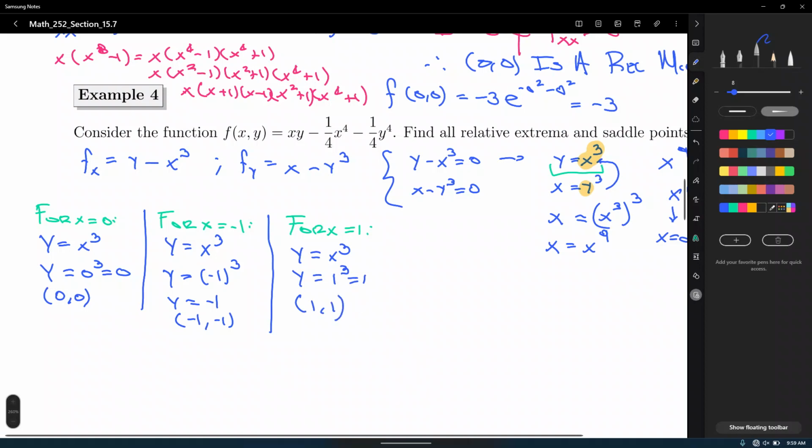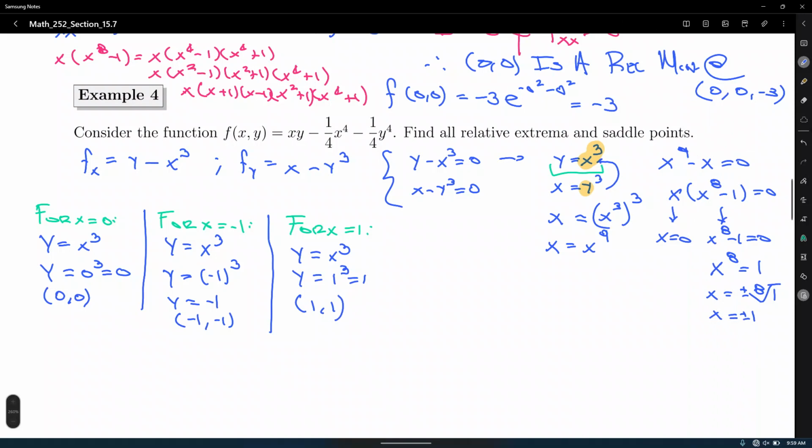In this case, we are going to create the D expression and evaluate it for the 3 critical points to determine their nature: max, min, inconclusive, or saddle point. Any of those 4 scenarios. What do we need first? Now that we took the first 2 partials, let's take f double x, the partial derivative of what we differentiated with respect to x a second time, that is negative 3x squared.